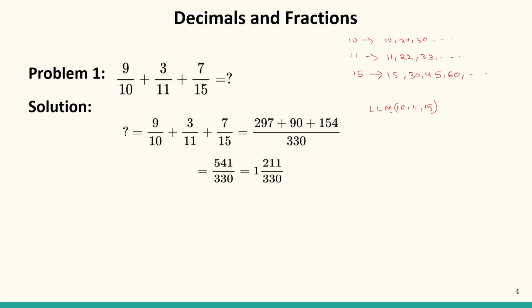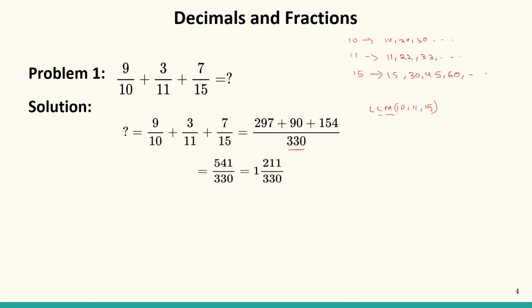As I have already discussed, first we find the sequence of multiples, then we find which are the commons among them. The first common will be 330. You can see it if you extend it to a bigger sequence.